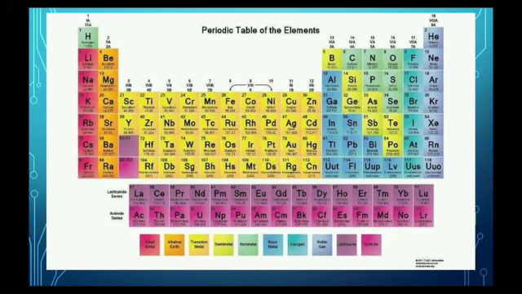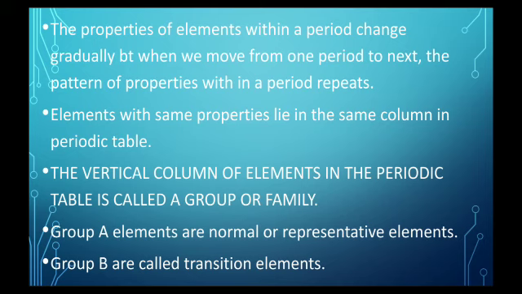That is, lithium, sodium and potassium have similar properties, but the properties within a period change gradually. Every element which is present below the element of the last period has properties similar to it. Okay, now elements with same properties lie in the same column in the periodic table.